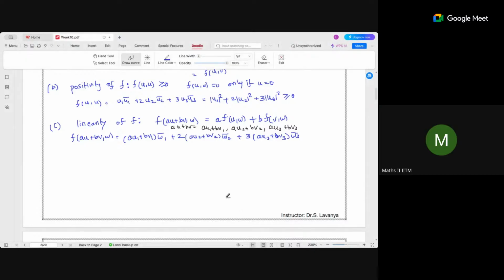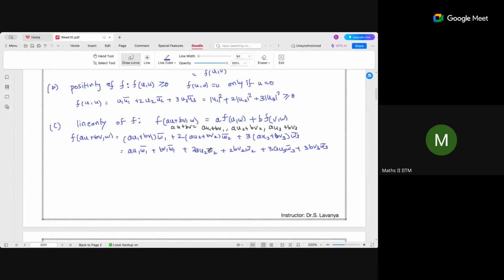Okay. Next we simply multiply each term: AU1 W1 bar plus BV1 W1 bar plus 2AU2 W2 bar plus 2BV2 W2 bar plus 3AU3 W3 bar plus 3BV3 W3 bar.